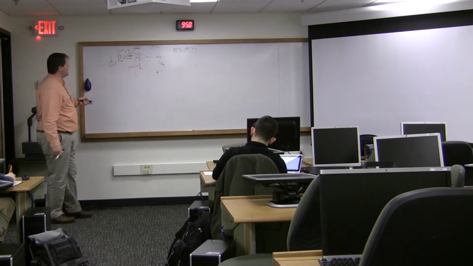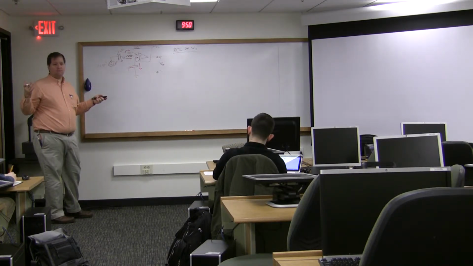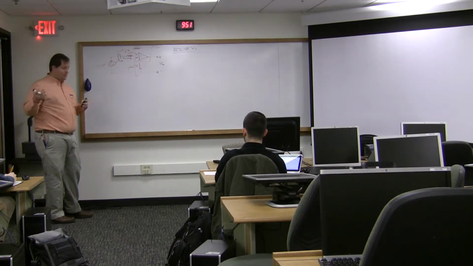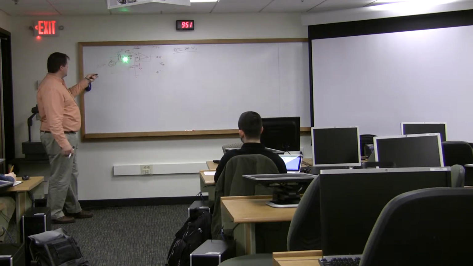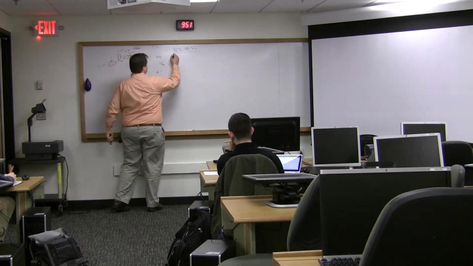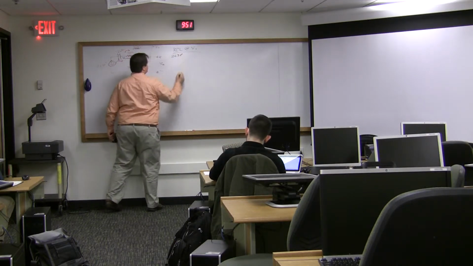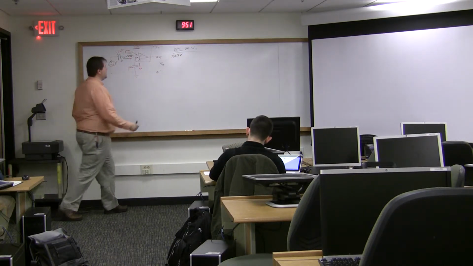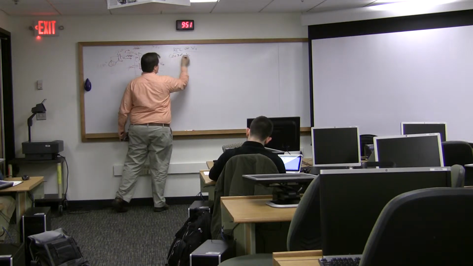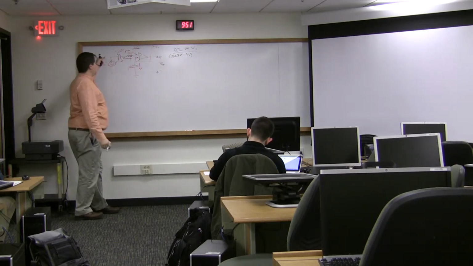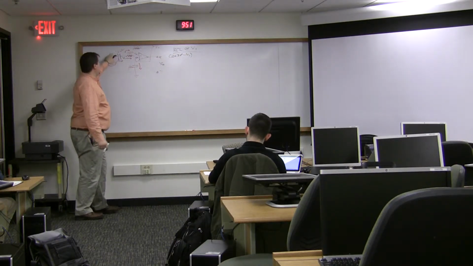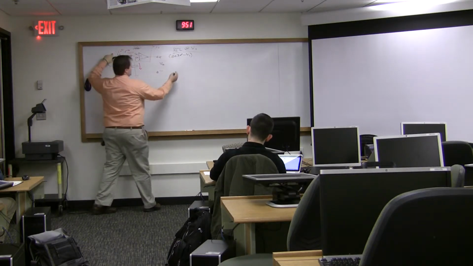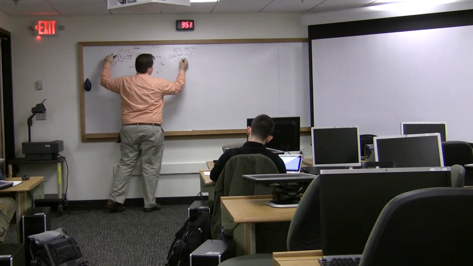All right, so KCL at V1. KCL says currents in equal currents out. Current in is just this one, and the currents out are these two. So current in: 20 phase of 30 degrees, minus V1. Current always flows from the tail of the arrow to the head of the arrow, and then we divide by the impedance, negative j8k.